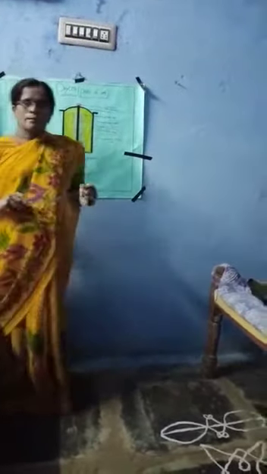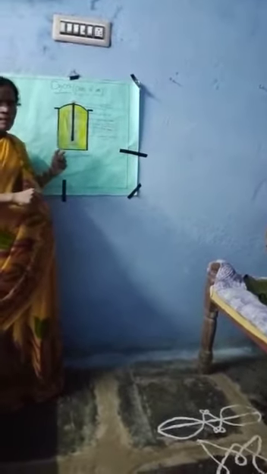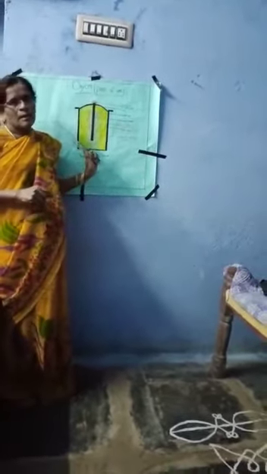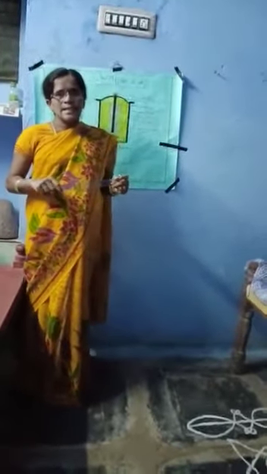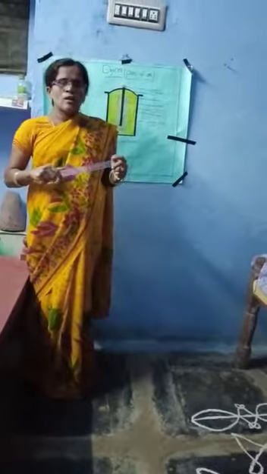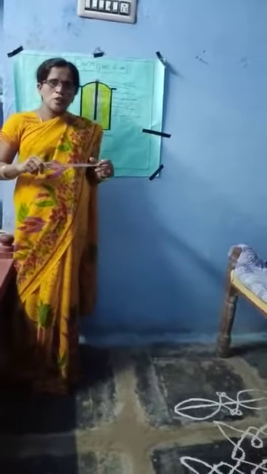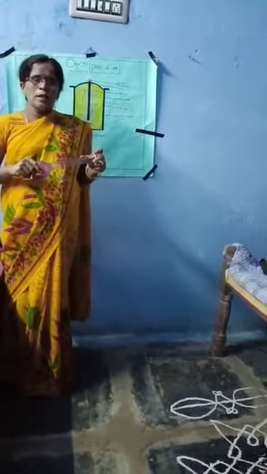Children, do you observe the diagram? Do you understand? Repeat. What is the electricity definition? Electricity is a form of energy which is transportable, can be controlled.